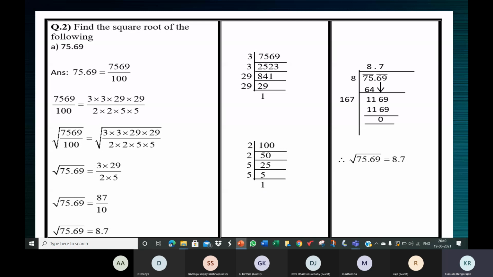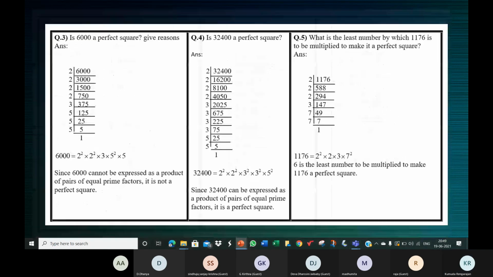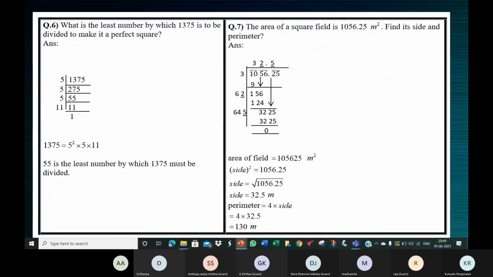You can use the prime factorization method or the long division method. Find the prime factorization of the numerator. Tell me what you're getting.